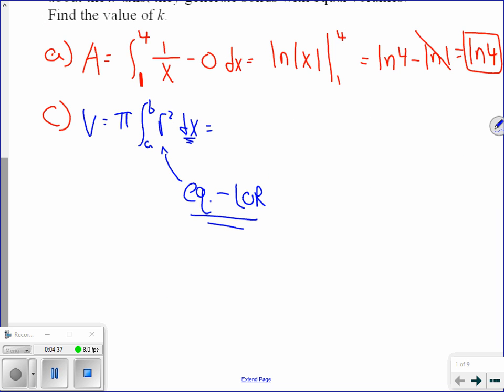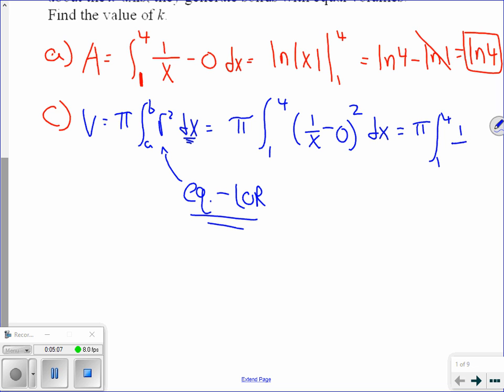So in this case, volume equals pi, the integral from 1 to 4, as far left to right as we go, of the difference between my equation, 1 over x, and the line of revolution, 0, squared, dx. Then you can ignore the 0. So this is really just pi integral 1 to 4 of 1 over x squared dx.